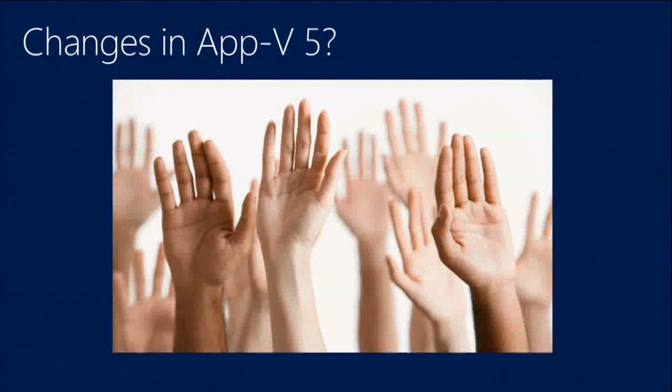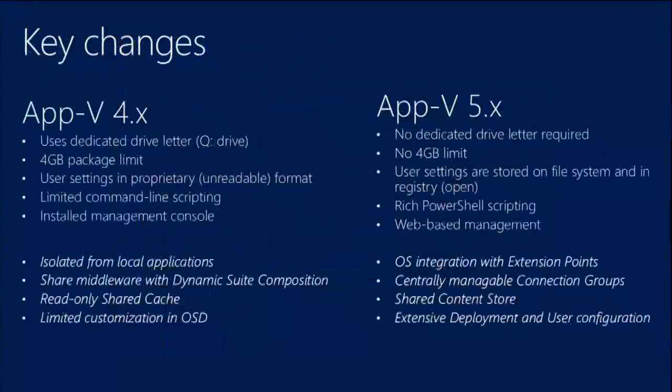So if I go to the changes in AppV 5, how many of you have played around with it in lab environments, production environments, anybody? Some of you already in production environments? Okay, pretty cool. So here's a small sum up of some of the changes that have occurred in AppV 5. We lost the Q drive as a drive letter.